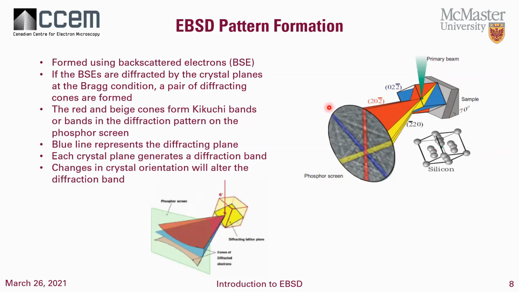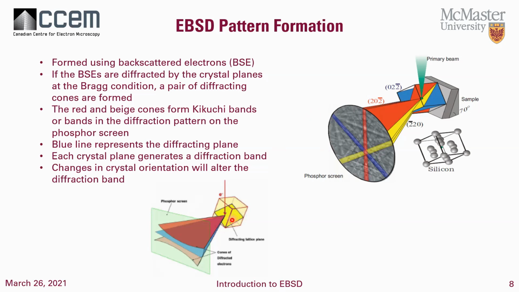Now, the patterns on the phosphor screen are formed by the backscatter electrons interacting with the screen. So what's happening here is if we have the BSEs diffracting according to the Bragg condition, we get a pair of cones formed.